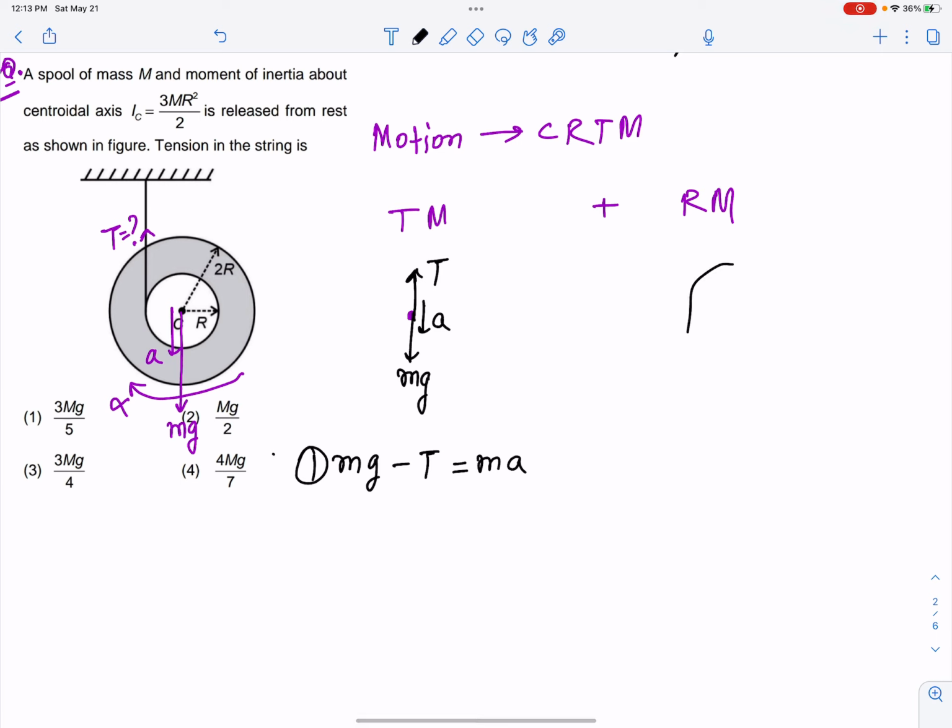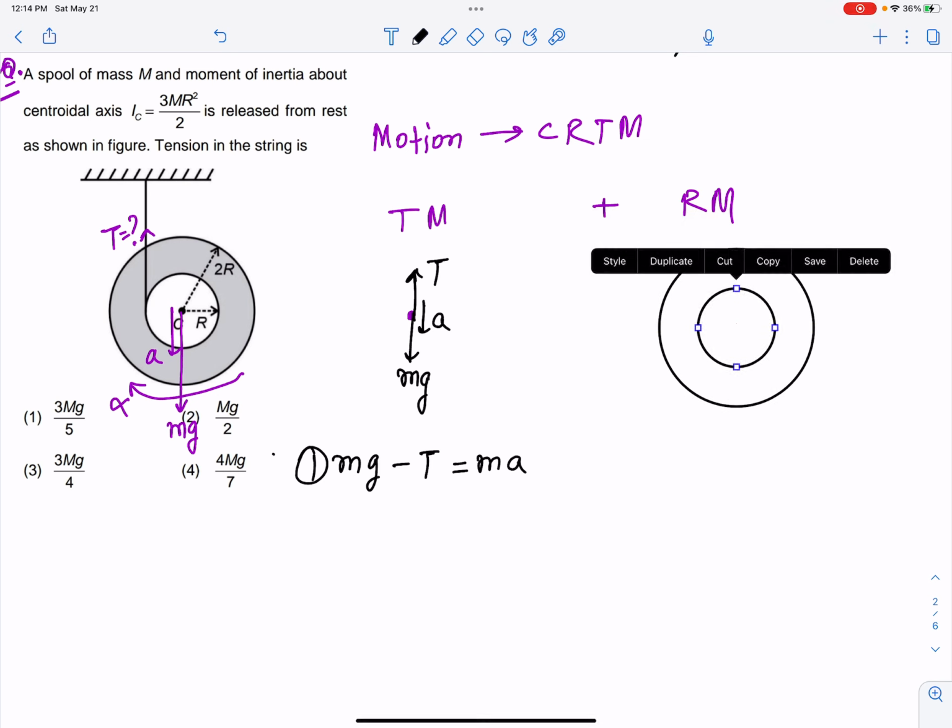And if we talk about rotational motion, this tension force is acting here, and mg is acting here.